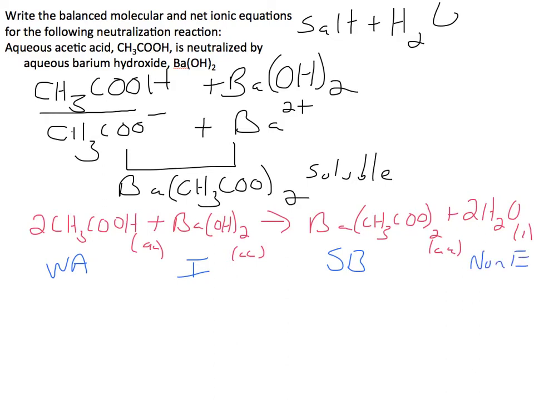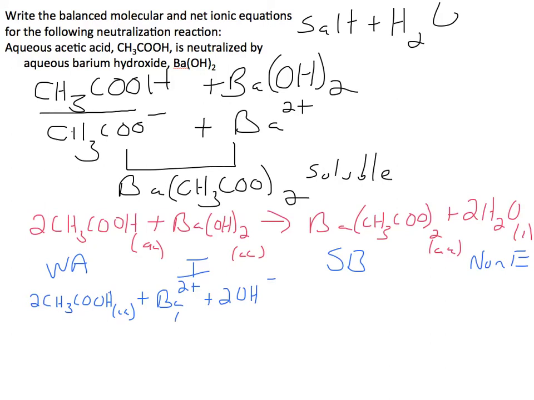So if we write out what these ionize as, we're going to end up with 2CH3COOH, which is aqueous, plus barium hydroxide, which is going to ionize, so Ba2 plus and 2OH minus.